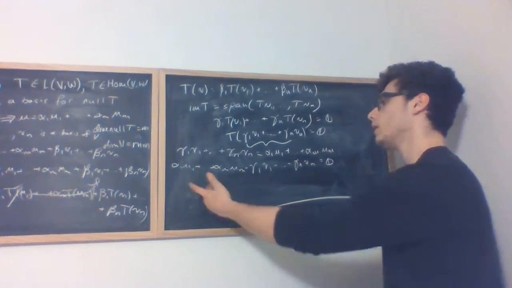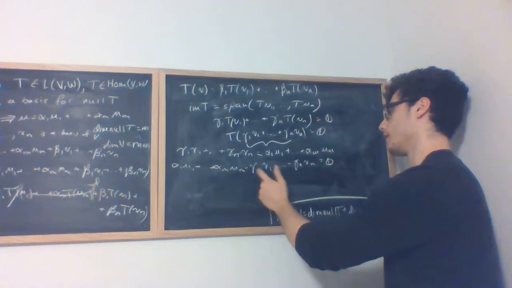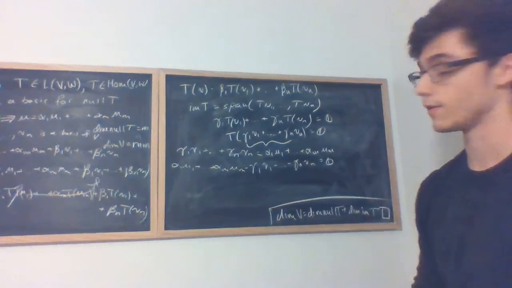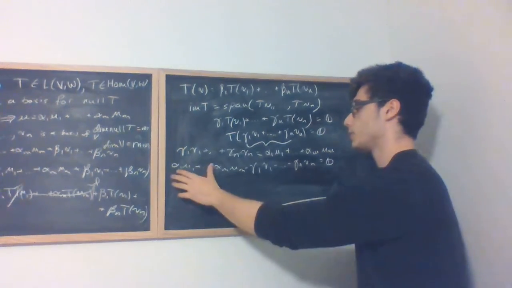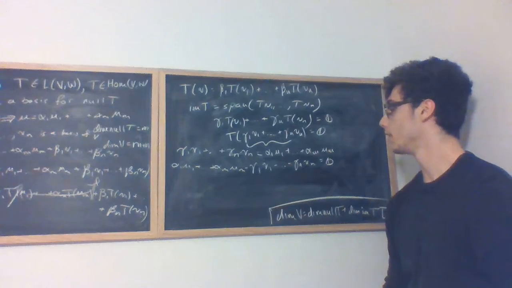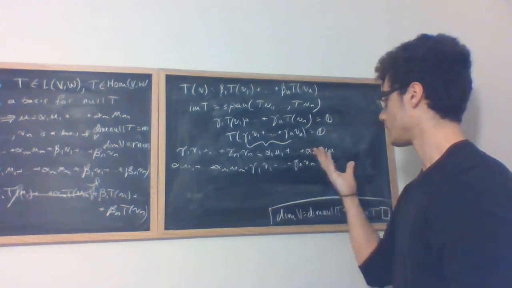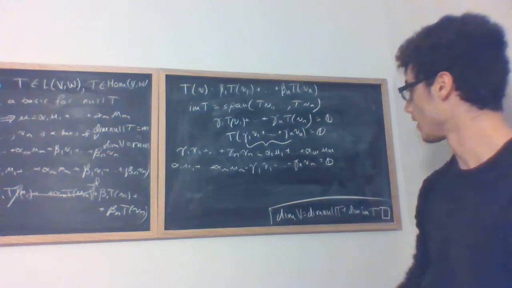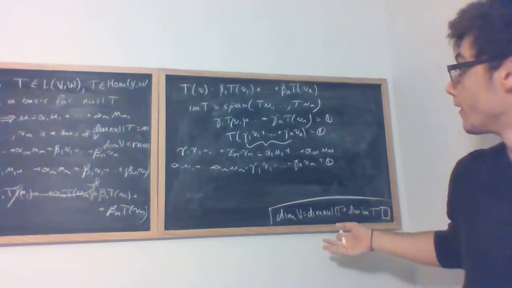Now, we know that u1 up until um and then v1 up until vn are a basis for V, so they're linearly independent, and these are just arbitrary constants. But since they're linearly independent, we know they're all going to be 0, and since gamma 1 up until gamma n is a subset of this list of just zeros, we know they're all going to be 0.